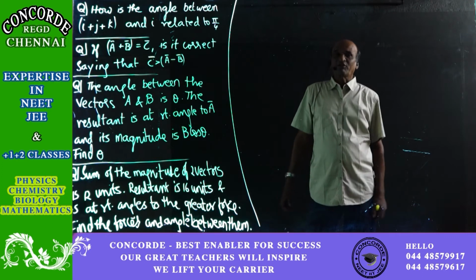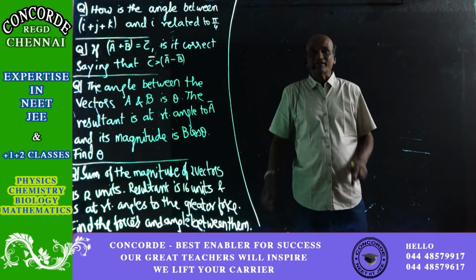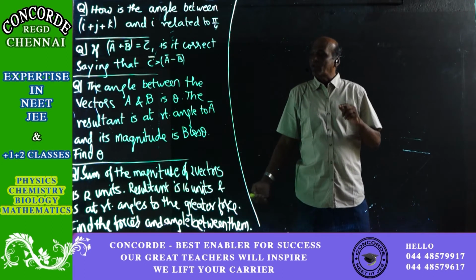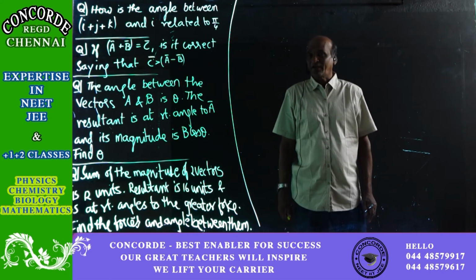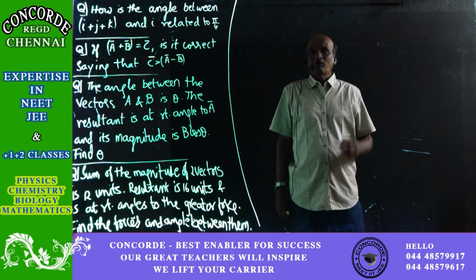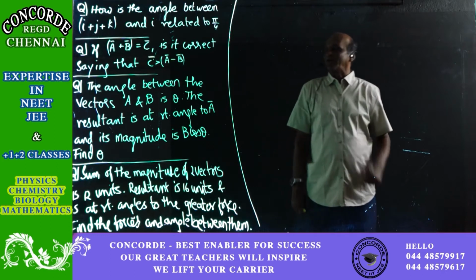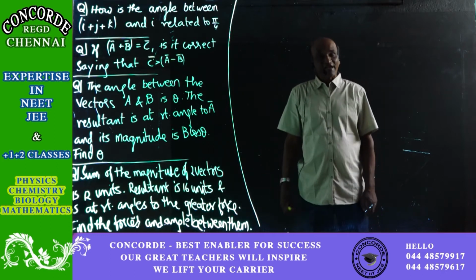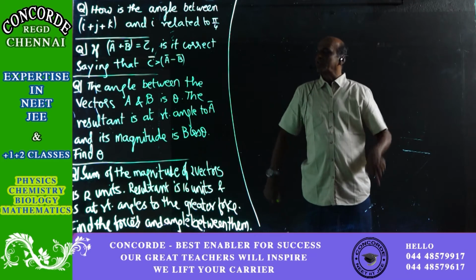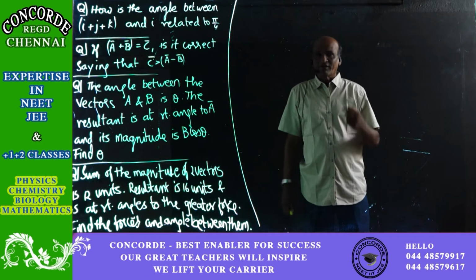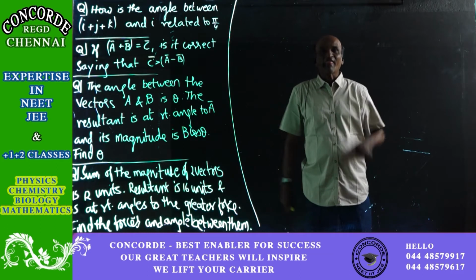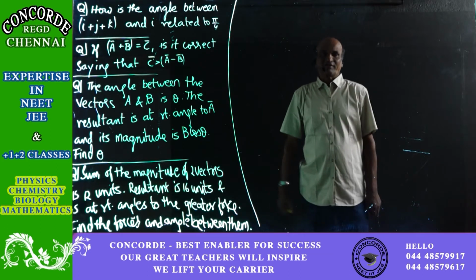We have to find the value of theta, but what you will have to note here is that the value of B cos theta is not for the vector A bar. So, the resultant is at an angle 90 degrees to A bar and is equivalent to B cos theta. So, B cos theta is the magnitude given for the resultant.